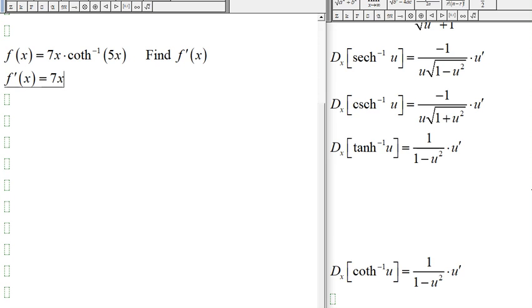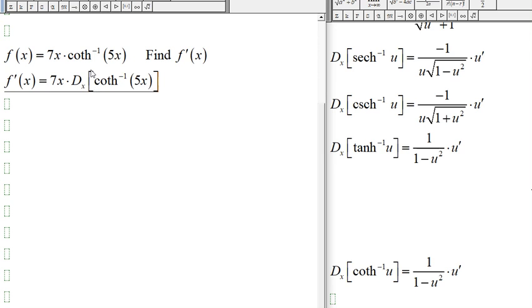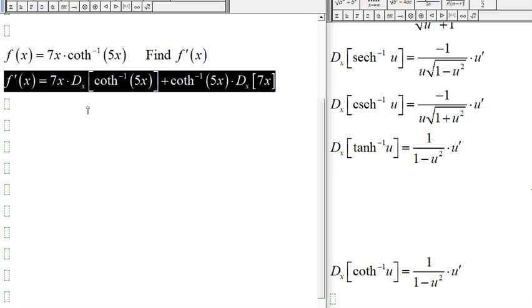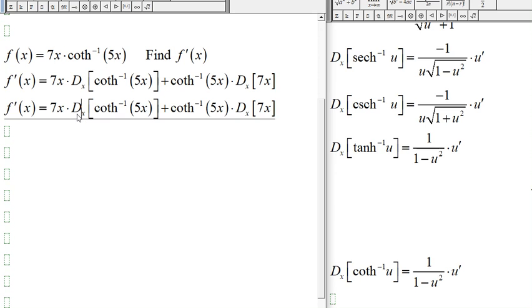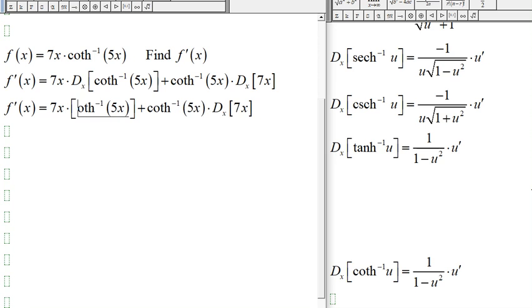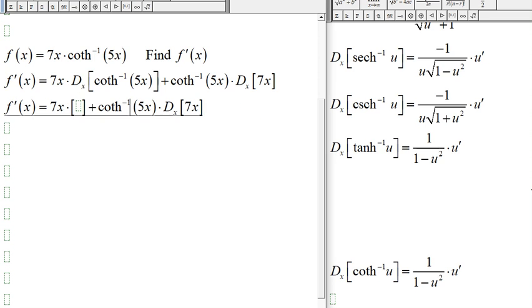And so it would be 7x times the derivative of the second factor here, and then plus the second factor times the derivative of the 7x, which is 7.